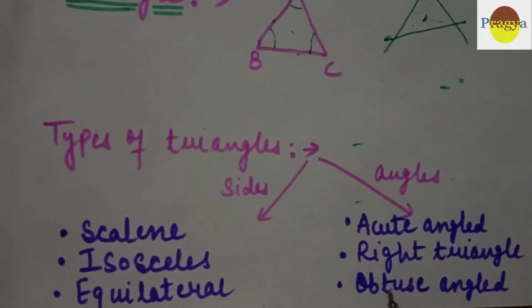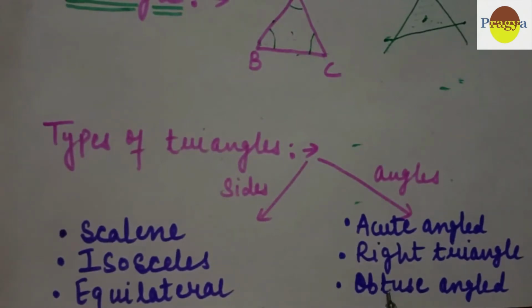Is it possible to have more than one obtuse angle in a triangle? If we take two obtuse angles, is it possible to make such a triangle? So try once. It is not possible. When we use an obtuse angle in a triangle, only one obtuse angle is possible. So we call it an obtuse angled triangle.